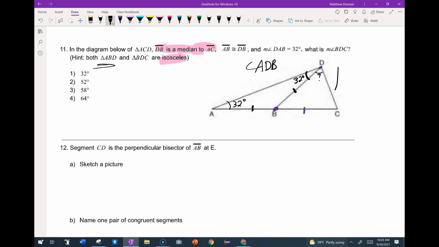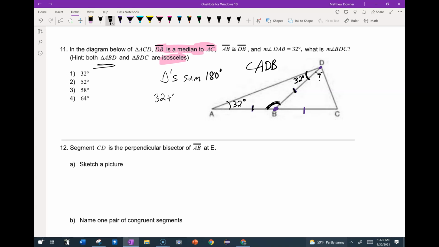Now that helps me a little bit because I'm trying to get here, and I don't really know how I'm going to get there, but I'm going to fill in all the angles that I can. I noticed that in triangle ADB on this side, I have 2 out of my 3 angles. And if I want to find the third angle of a triangle, remember that all the angles in a triangle should sum to 180 degrees.